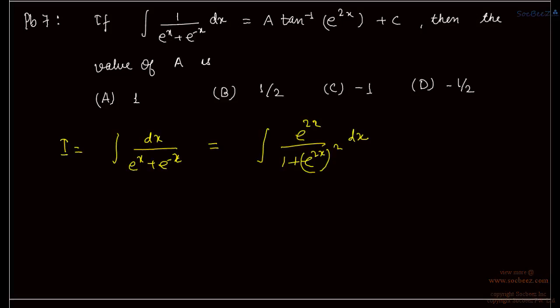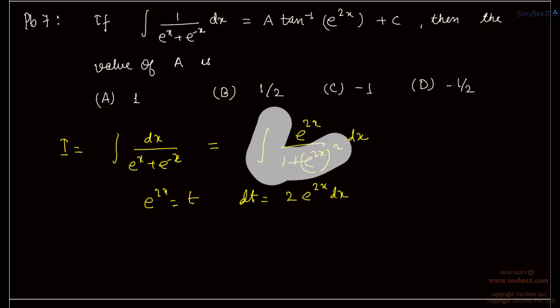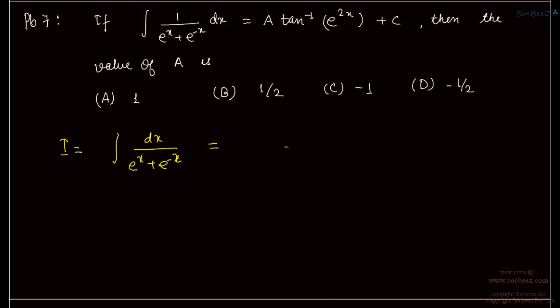So if we take e to the power x as t, then dt is e to the power x dx.